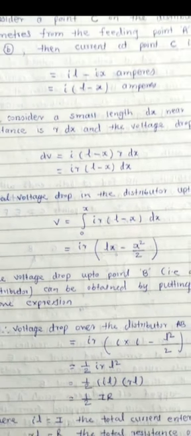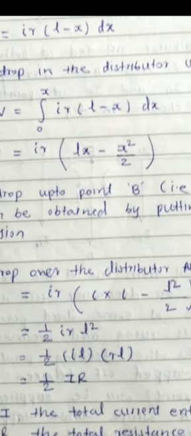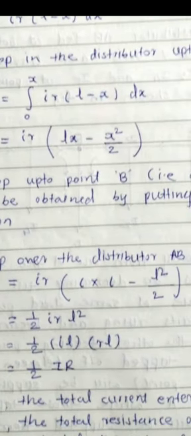So the voltage drop over the distributor AB is equal to i r in bracket L into L minus L square divided by 2.